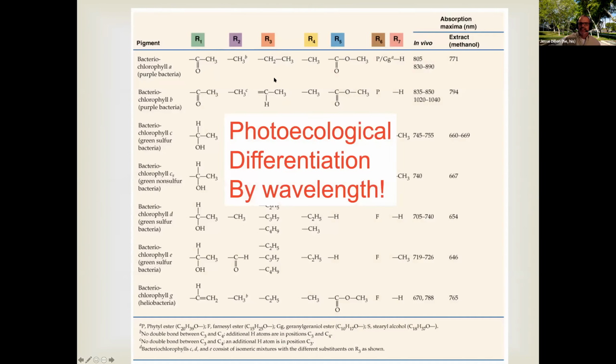But basically, what it comes down to is there are many different molecules that have evolved. The bacteriochlorophylls have primarily evolved in non-oxygen producers. So cyanobacteria use chlorophyll A. But these purples and greens that I mentioned earlier, those anoxygenic phototrophs are the ones that have evolved this greater differentiation here.